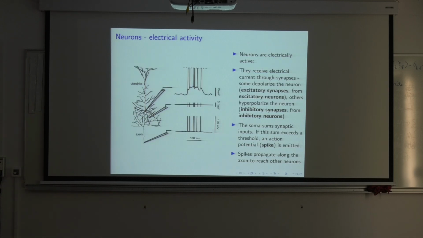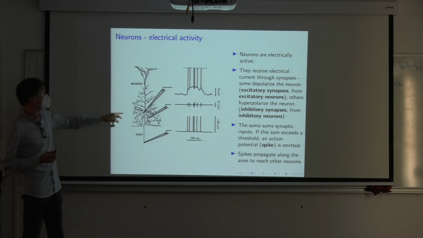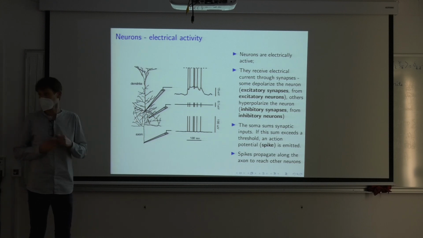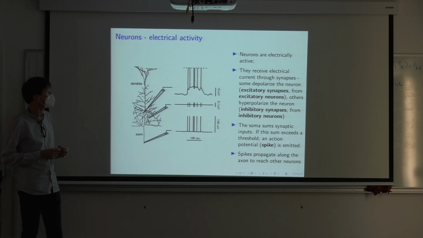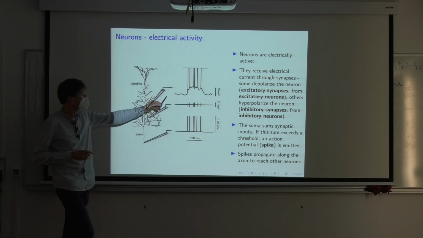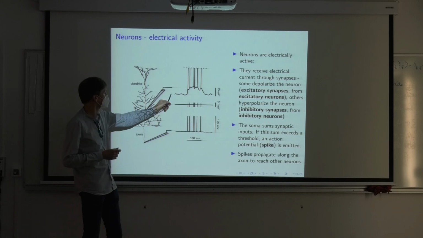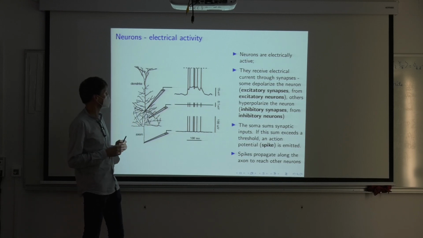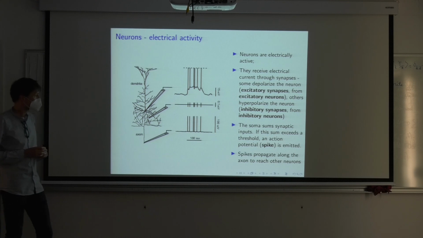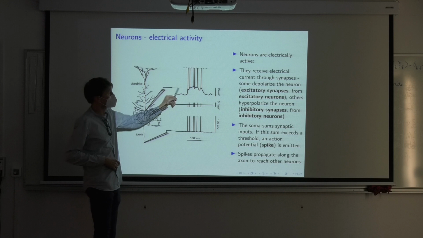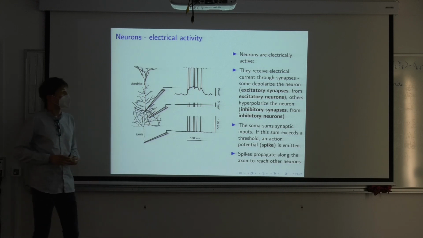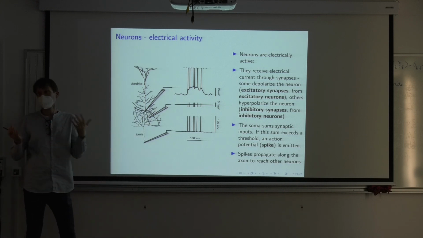Right, so now, electrophysiologists can record the electrical activity of neurons by using electrodes. If you record a neuron, that's a cartoon, but basically if the neuron is receiving inputs from other neurons, you see that the membrane potential of the neuron, which is typically hyperpolarized, will fluctuate as a function of the kind of inputs that the neuron receives.